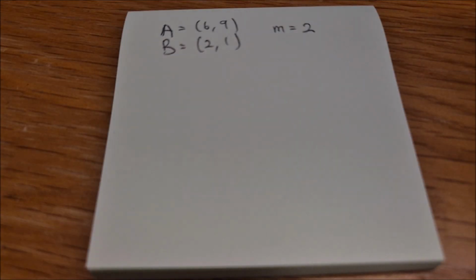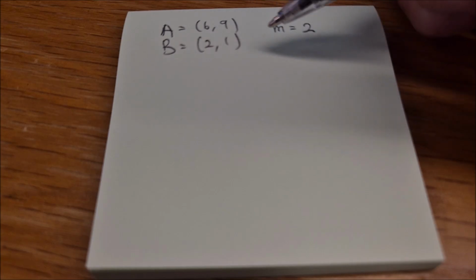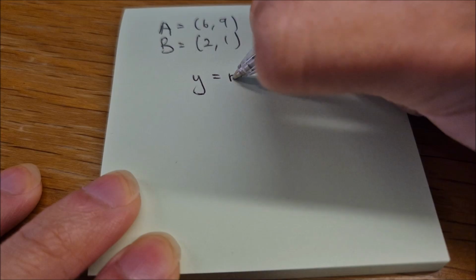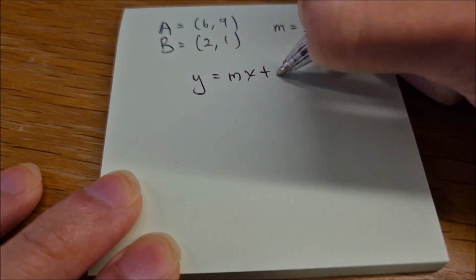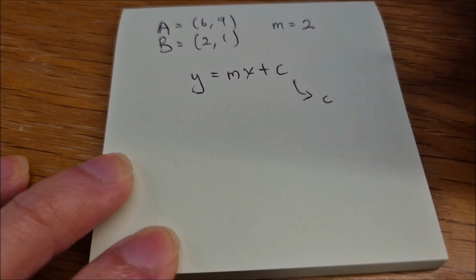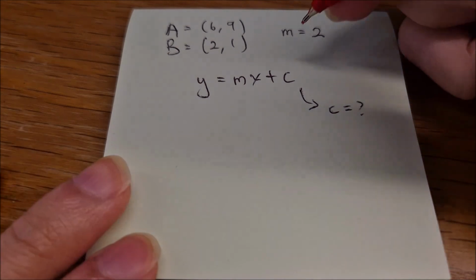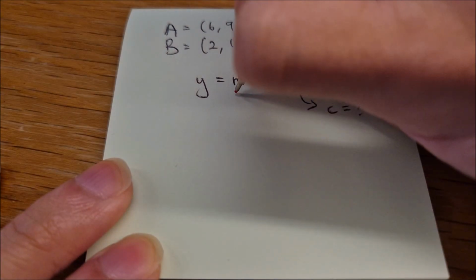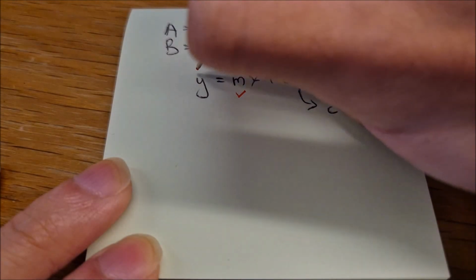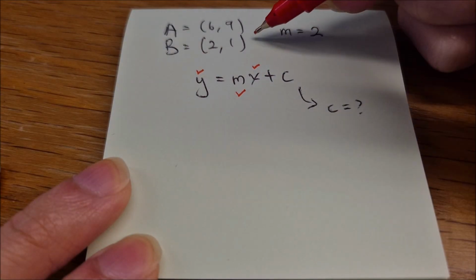Now that we've found our gradient as 2, we have our points A and B, and our equation was y equals mx plus c. Now we want to find what c is. We can do that because we now know our gradient m, and we have y and x. These are simply our coordinates.